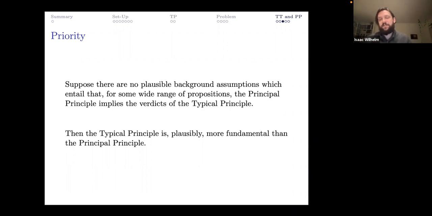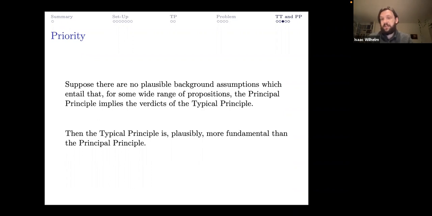So the interesting upshot is the following. Suppose there are no other good derivations of a big chunk of the typical principle from the principle. You can derive a big chunk of the principle from the typical principle, not the other way around. Then to me, that really strongly suggests that the typical principle is the more basic principle that governs rational stochastic states.